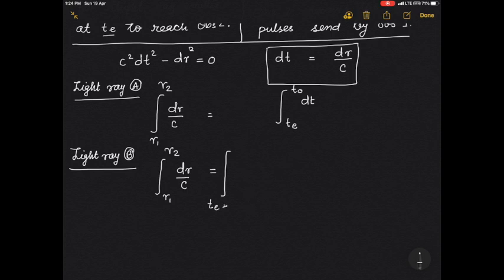The right hand side is different, because it's emitted at T emitted plus delta T emitted and observed at T observed plus delta T observed, right? And you obviously have the integral over dt.